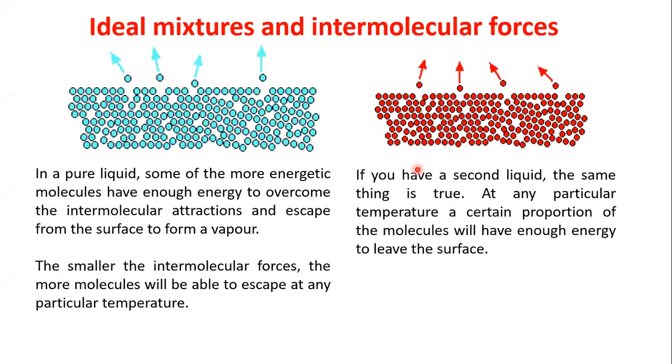Now let's look at how intermolecular forces work with an ideal mixture. For example, let's say we have a liquid, represented with blue balls as the molecules. In a pure liquid, some of the more energetic molecules have enough energy to overcome the intermolecular attractions.